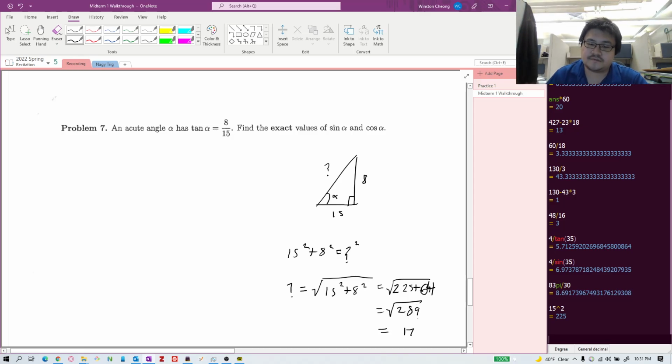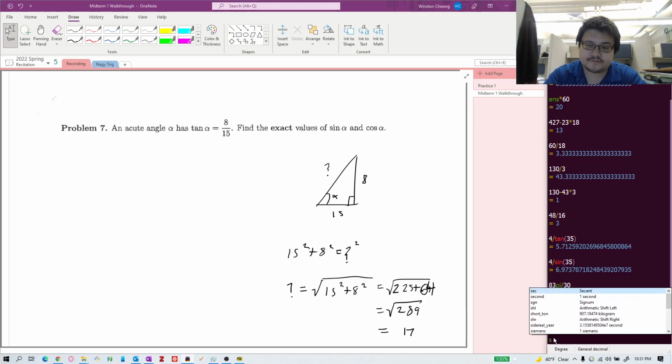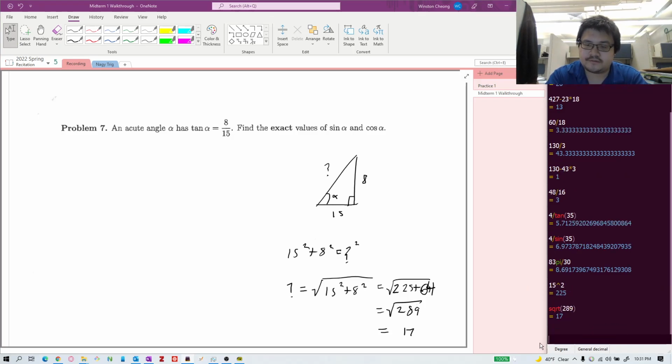The square root of 289 gives me 17. You know how to do that on a calculator. So the hypotenuse is 17.